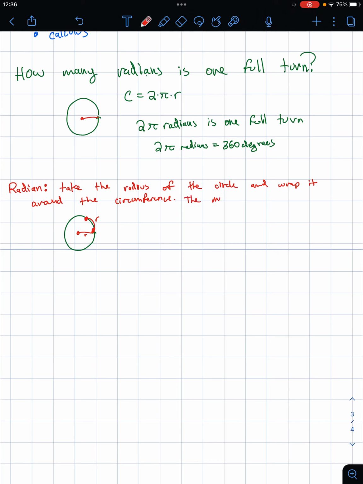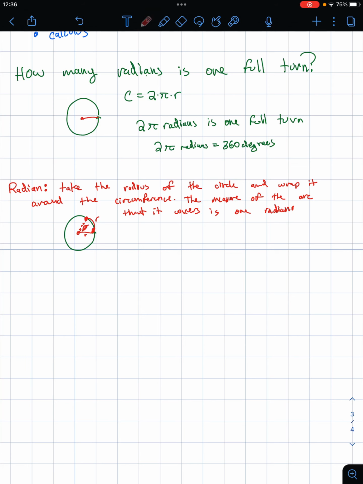So the measure of the arc that it covers is 1 radian. So I sort of visualize it as take the radius, wrap it onto the circle, however far that radius makes it is 1 radian. Okay, so if I can complete this little angle here and put a theta, I've got 1 radian.